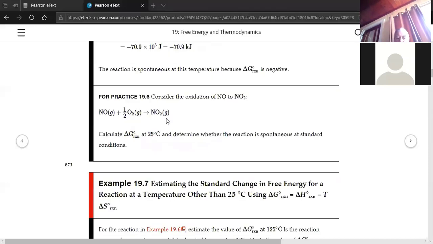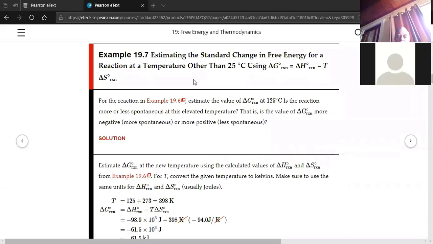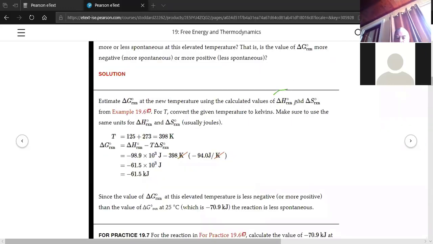They give you a practice problem here doing the same thing, but with this formula, so I won't work through that. But you can try that one if you want. The answer to these practice problems, I think, are in the back of the chapter. Okay, so this next example they do is similar to the first one, but they have to make an assumption about the way you can use Gibbs free energy equation quantities.